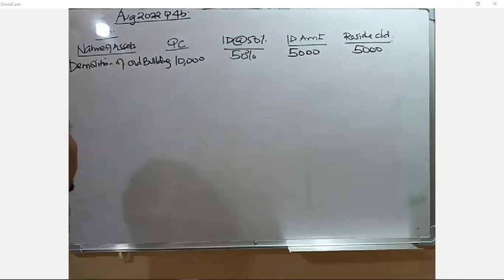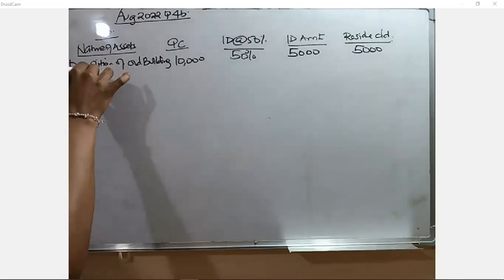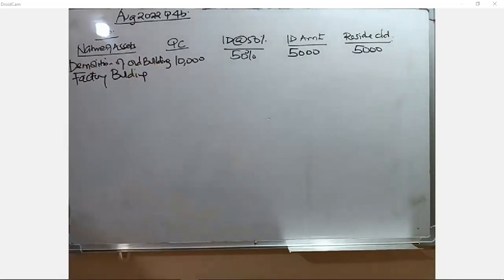Let me look at any other asset which qualifies for IB, apart from the demolition. We talked about labor quarters for IBD. We have the factory building. How much is the factory building? I'm being given 90,000.